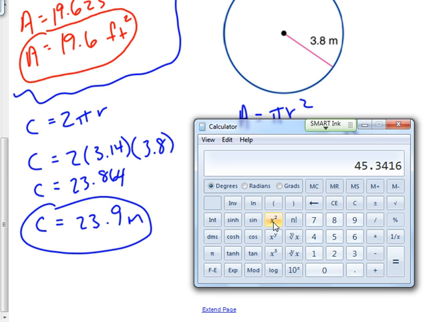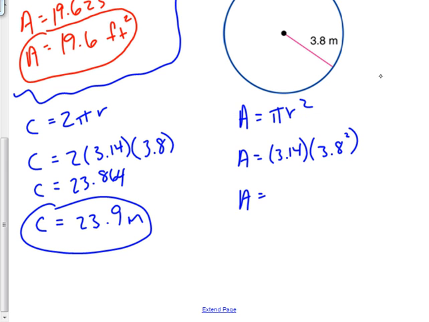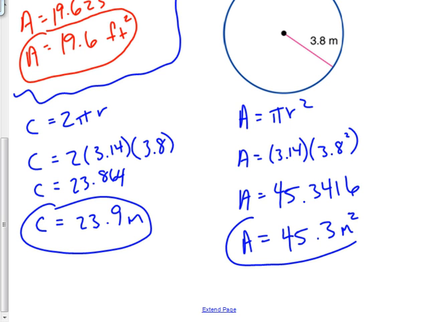So we get 45.3416. Now round that to the nearest tenth, so 45.3 meters squared. All right, and that would be my answer for area of that circle.